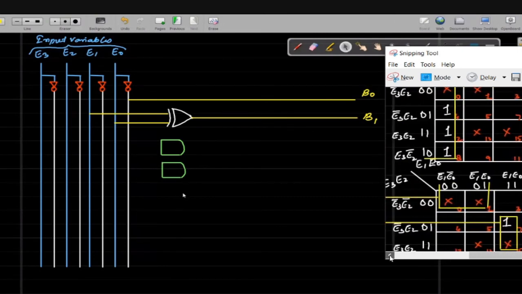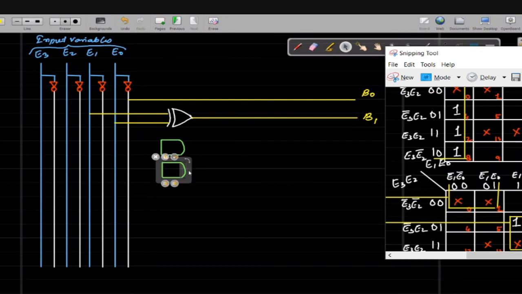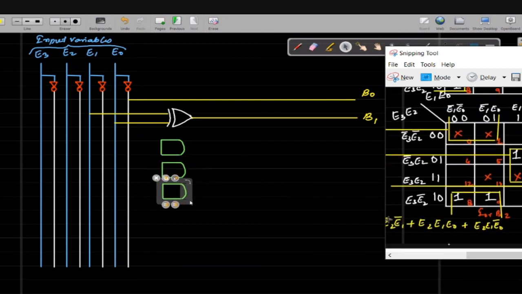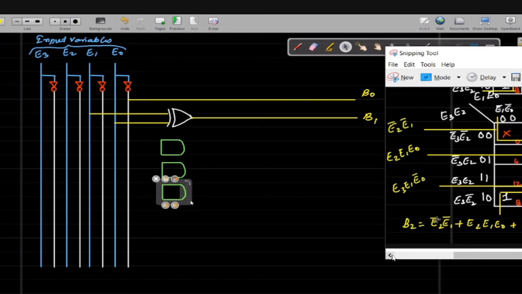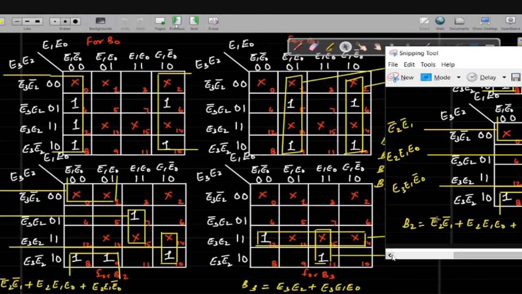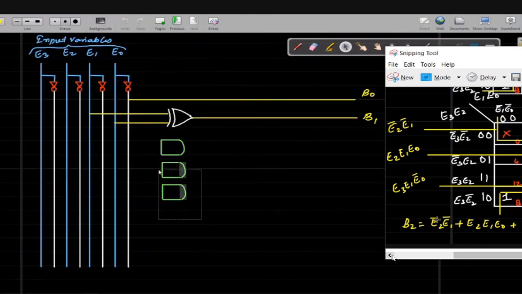And one more copy of this. Okay, so B3 requires two more AND gates. So let's make two more copies in advance for the implementation of B3.